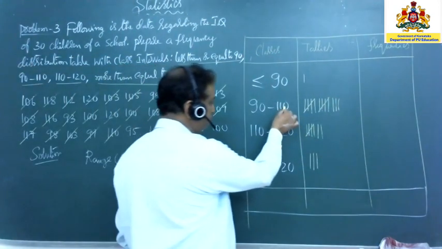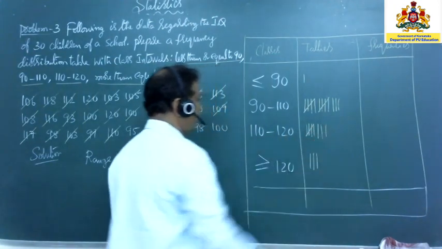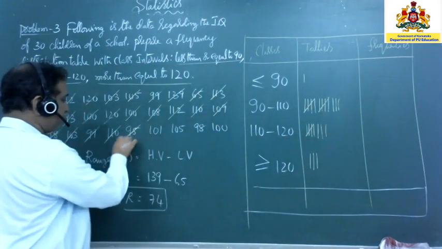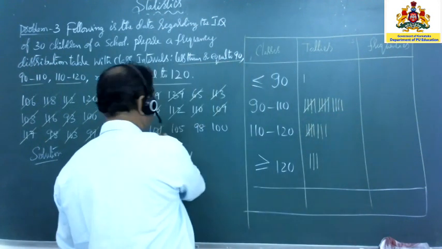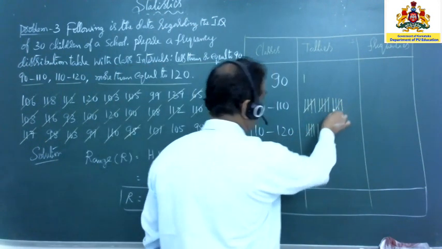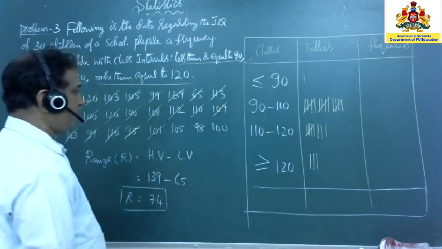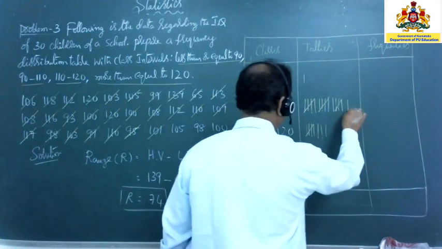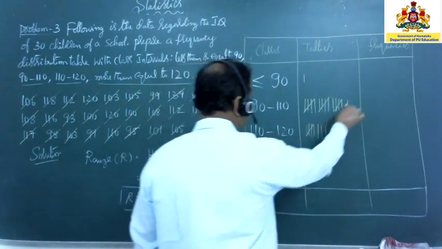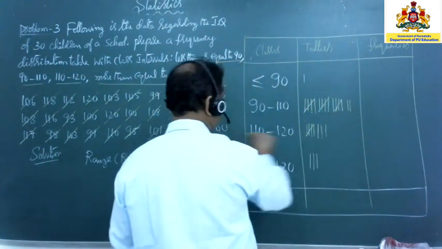It is the exclusive type. You have to put 110 here. Next 95. Next 101. After 4 tallies you have to put the cross mark. Next 105, next 98, next 100.